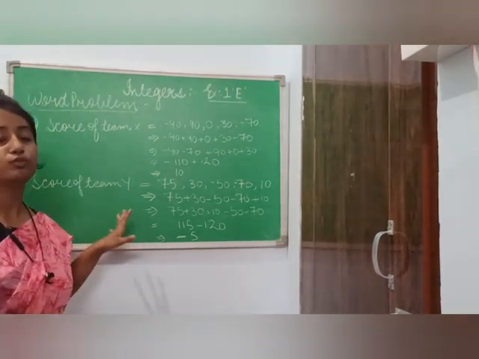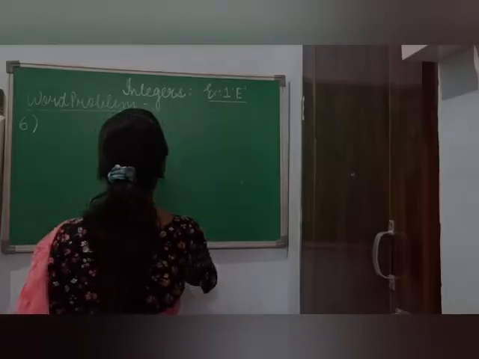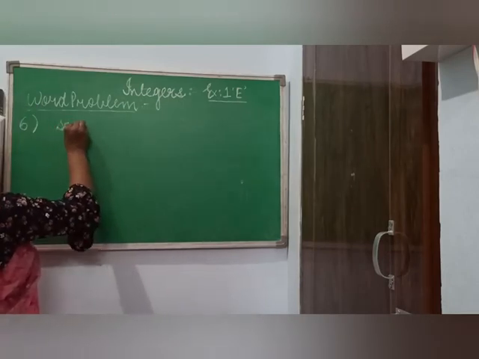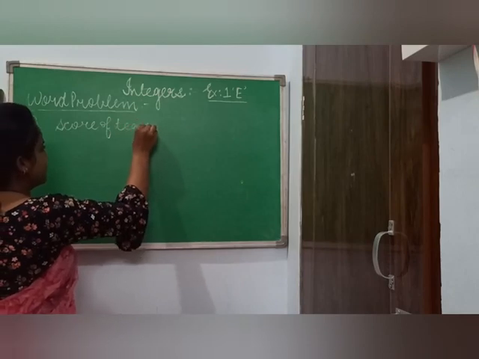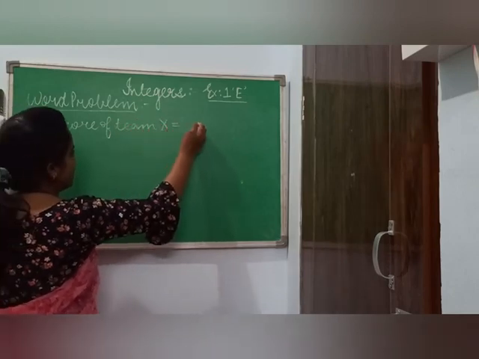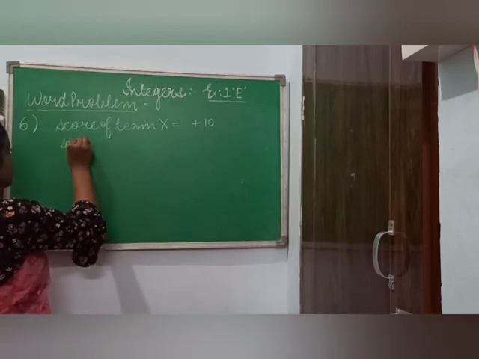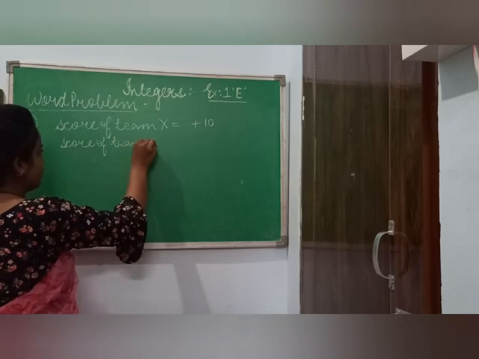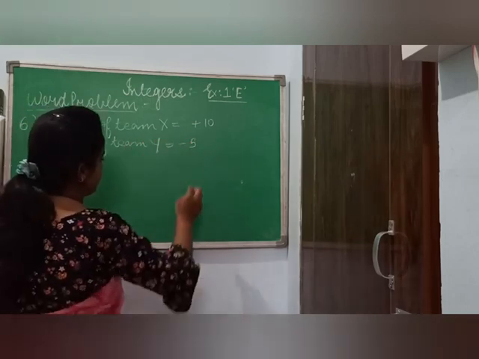Now we have to find out the margin between both the teams. First of all we write down the score of team X. The score of team X was plus 10 and the score of team Y was minus 5.